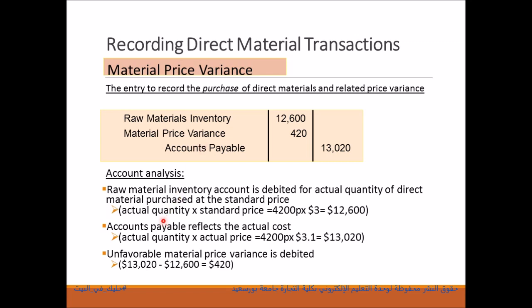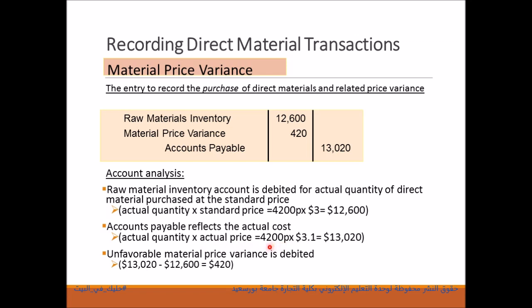In specific, to determine the amount of raw material inventory, we should multiply actual quantity by standard price, and remember from the given information about Cross Manufacturing Company, 4,200 pounds are actually used to produce the 1000 product unit, and the standard price per pound is $3. To determine the amount of accounts payable that should be credited, we multiply actual quantity by actual price.